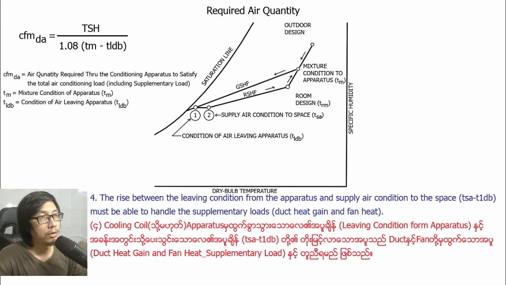Number 4. The rise between the leaving condition from the apparatus and the supply air condition to the space is temperature of supply air minus temperature of leaving air from the apparatus. The temperature of leaving air from the apparatus must be able to handle the supplementary load. Supplementary load means the duct heat gain and fan heat.